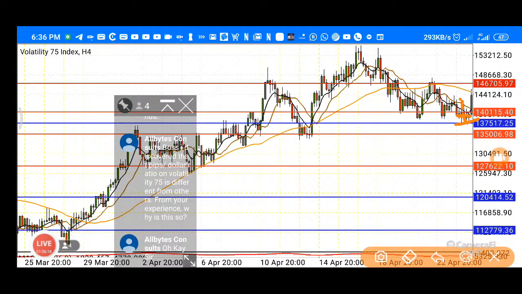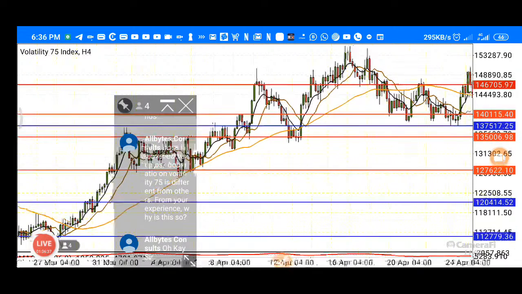If you have used big lot size, this small pullback you are seeing on H4 might blow your account. So it's better you use very, very small lot size. Do you understand? There's another bounce again. There's a double bounce. Now you can see it's our TP. Our stop loss is here, our TP is here. So that's another successful trade.